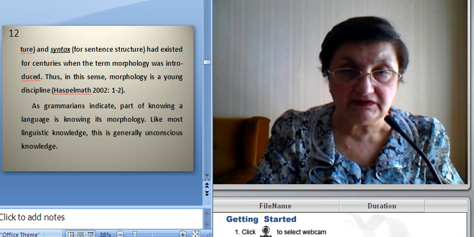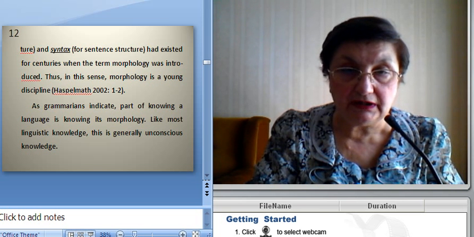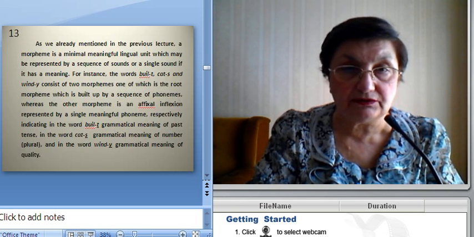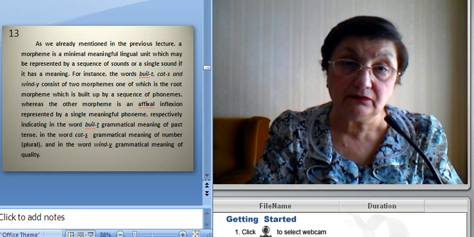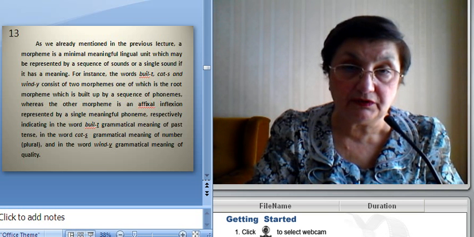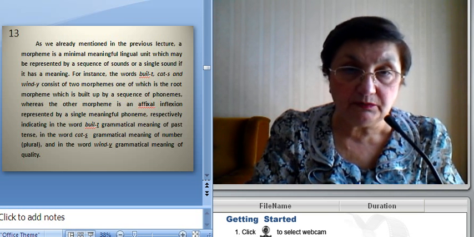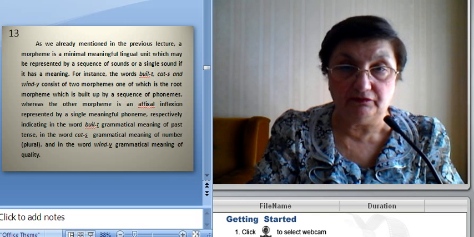As we already mentioned in the previous lecture, a morpheme is a minimal meaningful lingual unit which may be represented by a sequence of sounds or a single sound if it has a meaning.